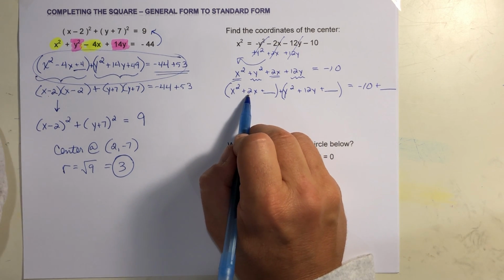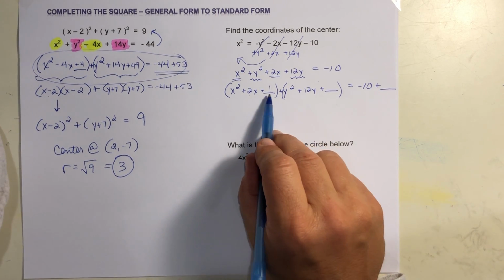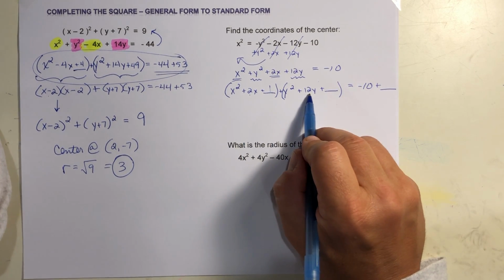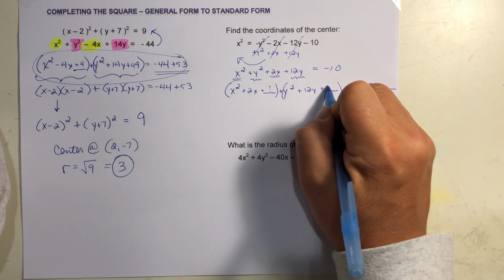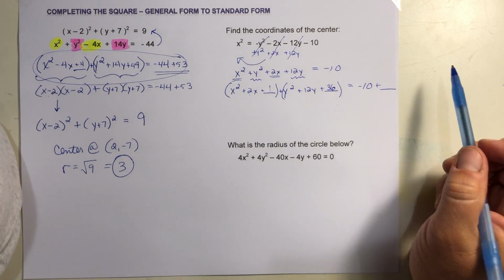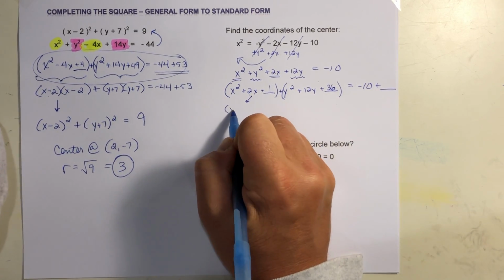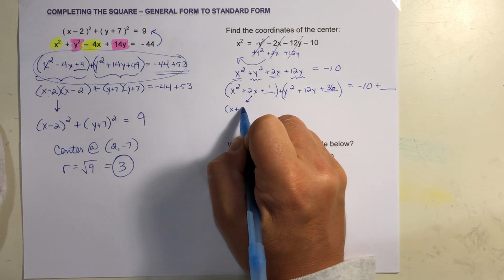Half of 2 is 1. 1 squared is 1. So right now I've increased the left side of the equation by 1. Half of 12 is 6. Squared is 36. Okay. So now I've created my perfect square trinomial.